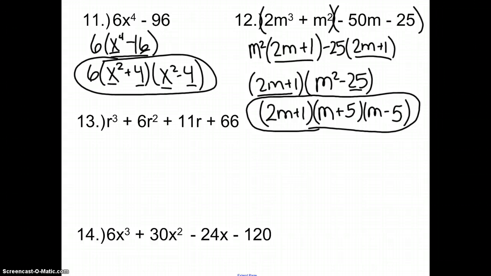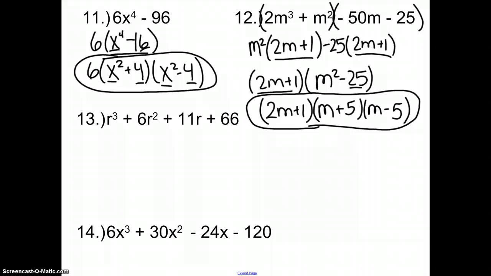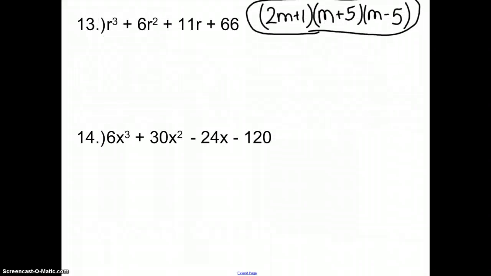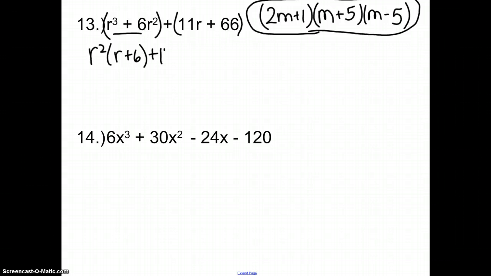Number 13. Again, we can do factoring by grouping. So we group the first 2 and group the second 2 and pull out what they have in common. So for the first term, we can factor out an r squared, and we're left with r plus 6. The second one, we can factor out an 11, and we're left with r plus 6.